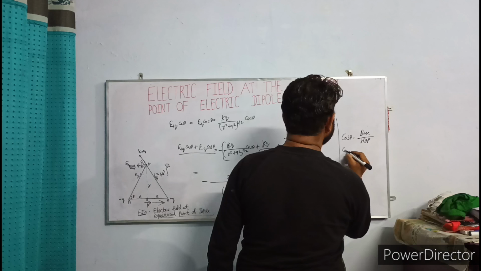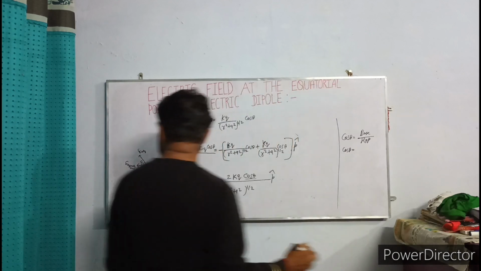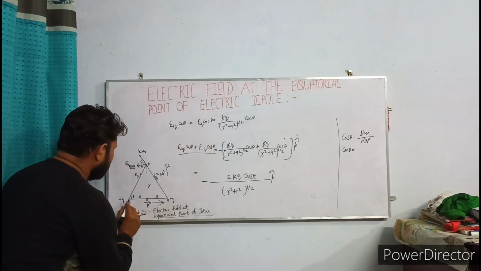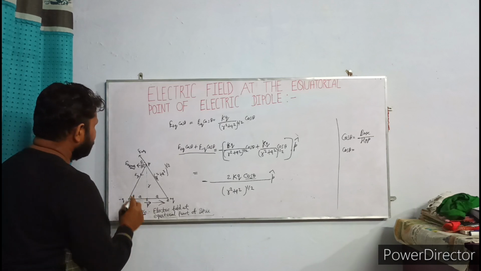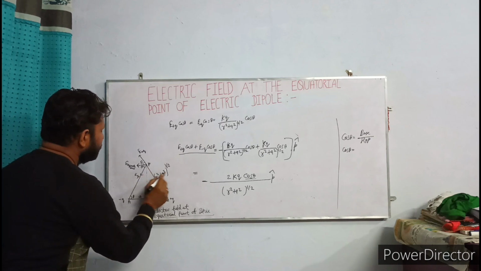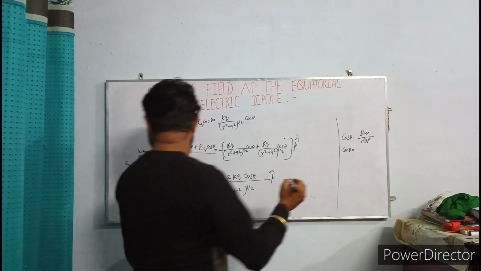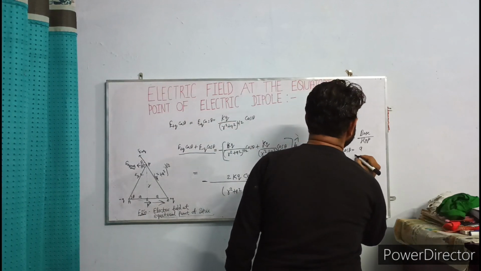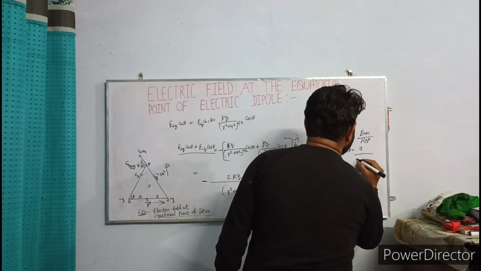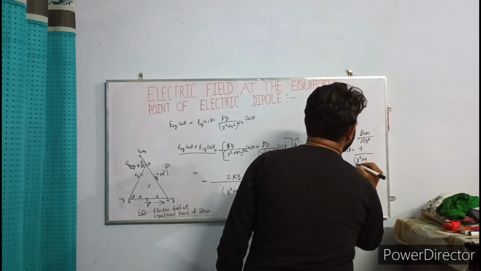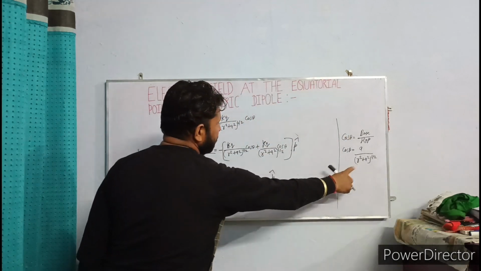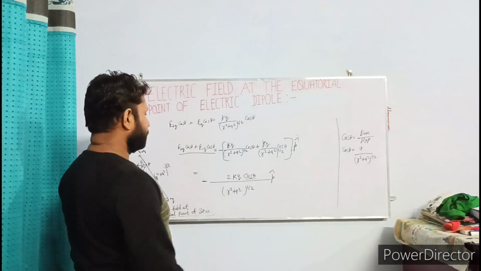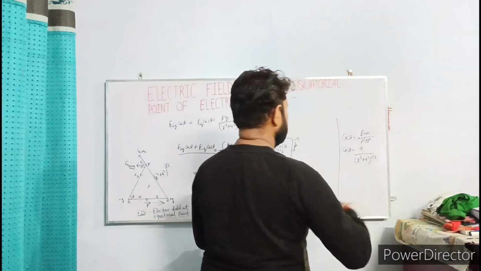What is the base value? The base value is a, and the hypotenuse is this value. So a upon (r square plus a square) power 1 by 2 is the cos theta value.